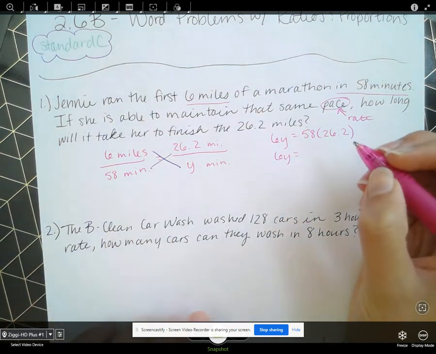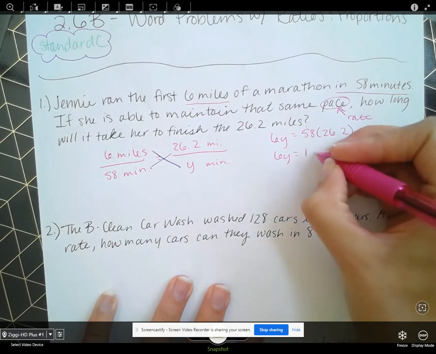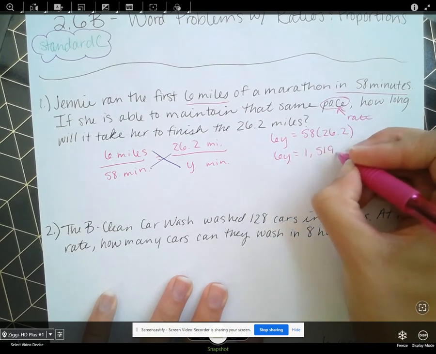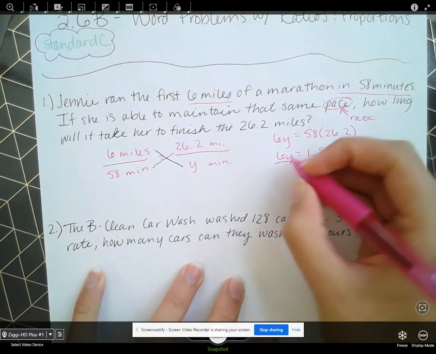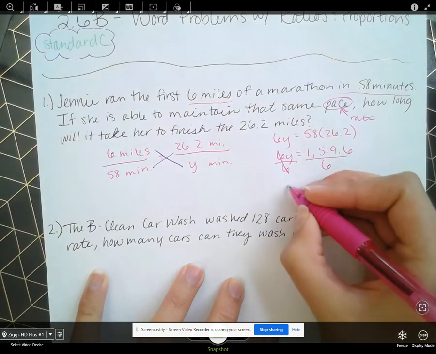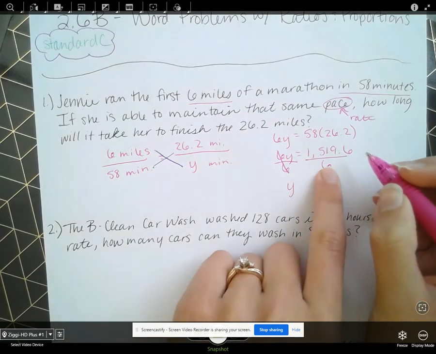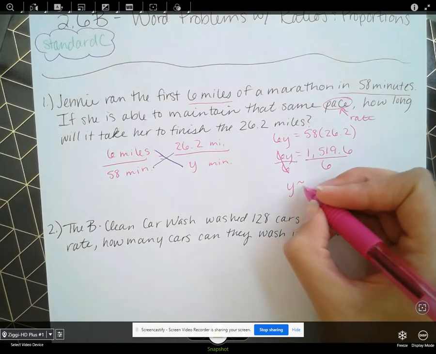So first I'm going to do the 58 times 26.2. So I still have the 6y, and that would get me 1,519.6. Still trying to find y. I'm going to undo the multiplication by 6 by dividing by 6 and do that on both sides. I'll get y equals, well, when you put this in your calculator, you're going to get something with a lot of decimals. So I'm going to round.